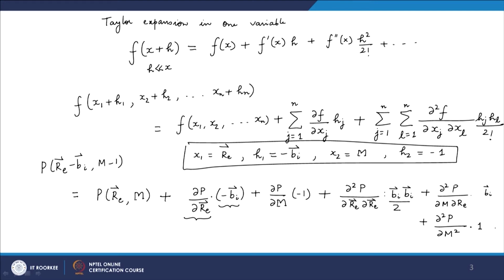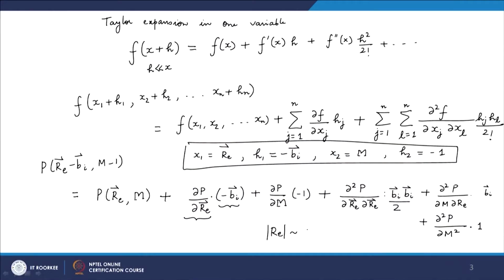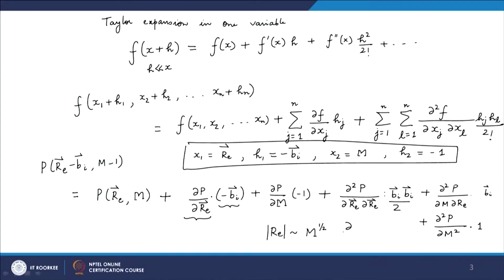So, we will note that in the end, for an ideal chain, we already have derived that Re scales like square root of M, because Re squared goes like M. So, if I look at ∂/∂Re of P, that must be much higher compared to the derivative with respect to M, because we have square root of M here and we have M there, they both come in the denominator.